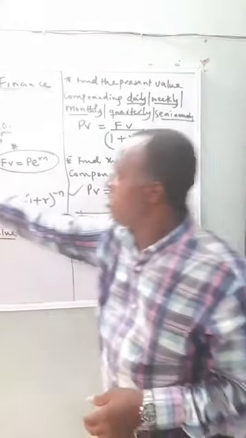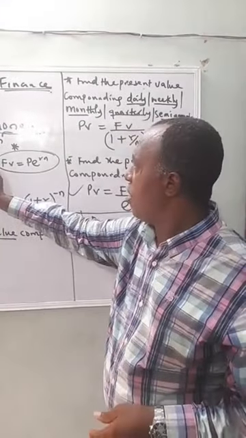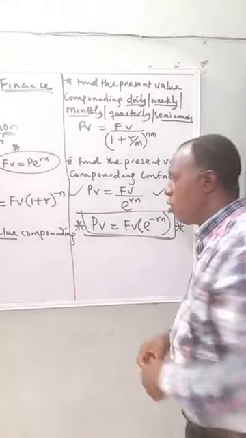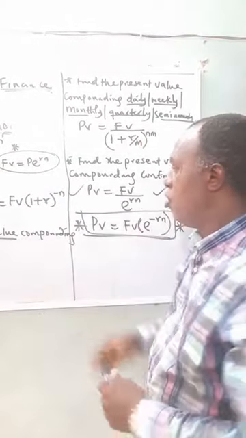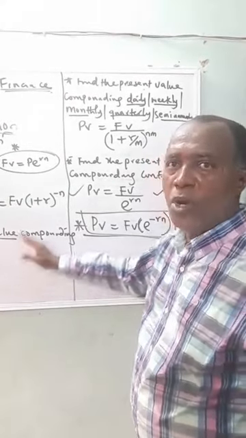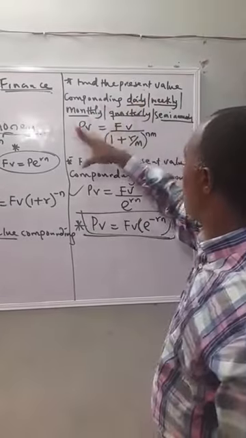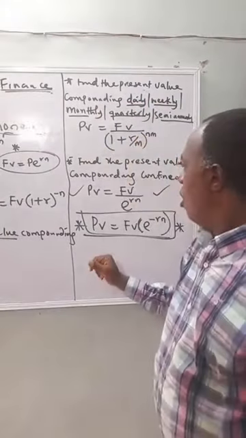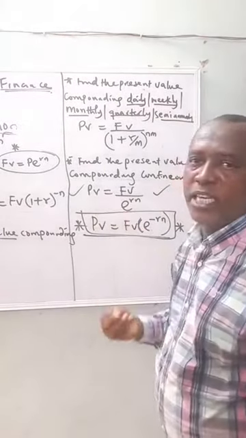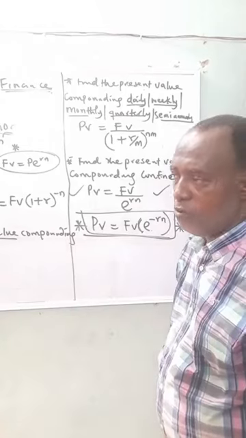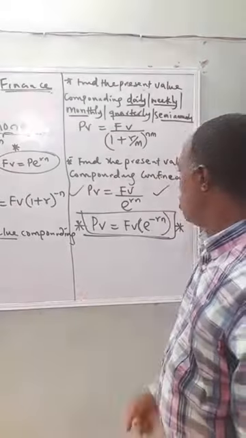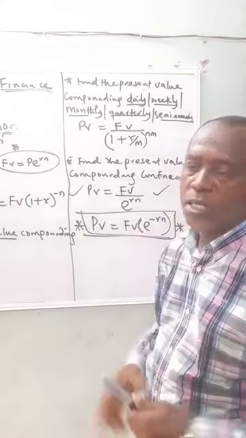But here we have shown you how to calculate present value of money, either compounding yearly or per annum, compounding daily, weekly, and so on. There's the formula, or compounding continuously. Remember, the E here is the exponent, which has a fixed value, which is 2 point something. If you check your calculator, you will see e raised to power x and be able to get that constant.